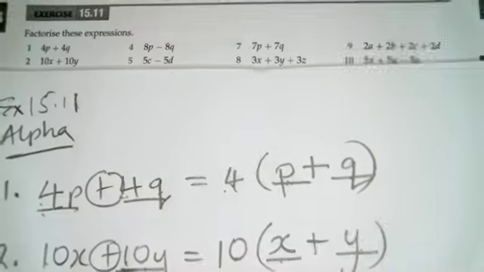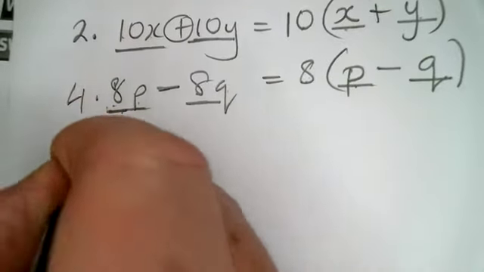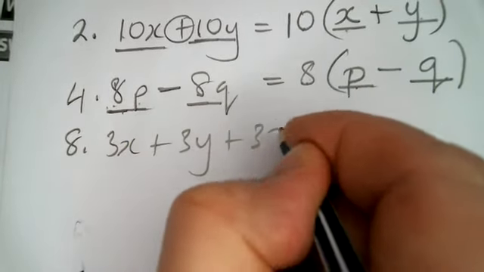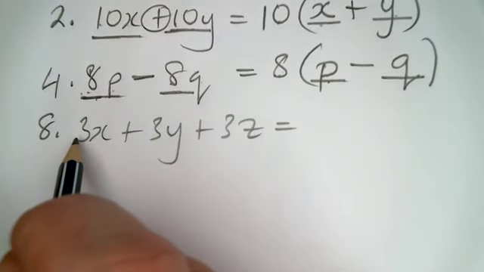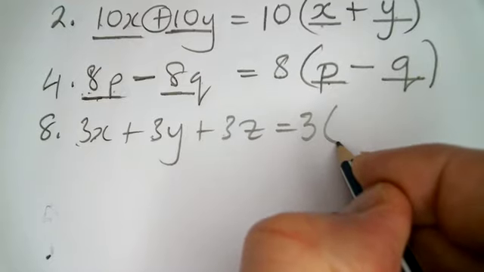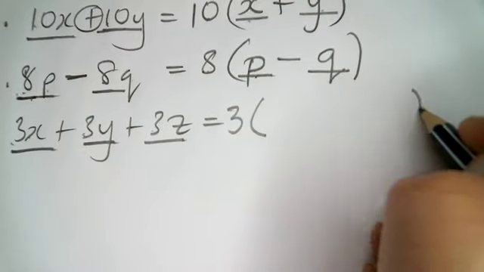Let's take a look at number 8. I like number 8. 3x, 3y, 3z. So here's number 8. 3x plus 3y plus 3z equals. So I'm going to write, well, what's common? 3 is common to each. So I write 3 outside the bracket. And I also have 3 terms, so I need to leave space here for 3 terms.